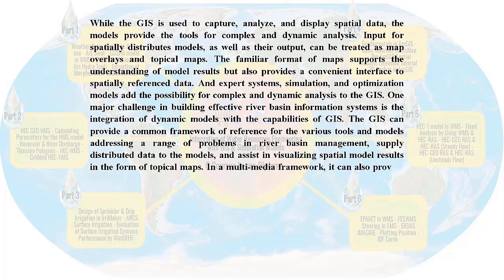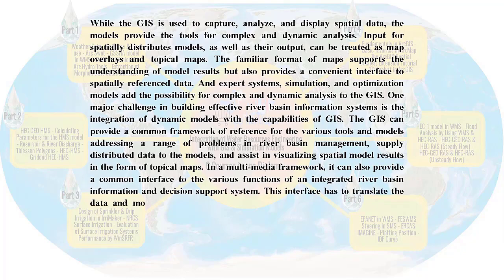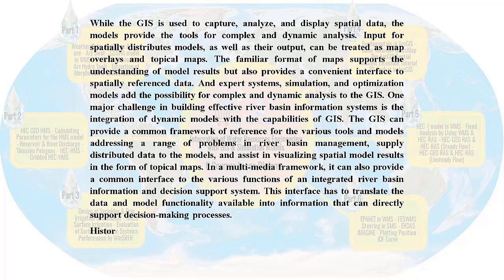In a multimedia framework, it can also provide a common interface to the various functions of an integrated river basin information and decision support system. This interface has to translate the data and model functionality available into information that can directly support decision-making processes.